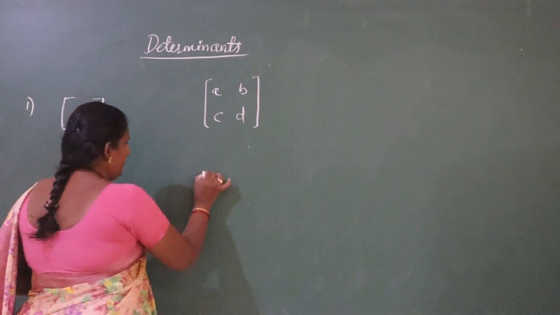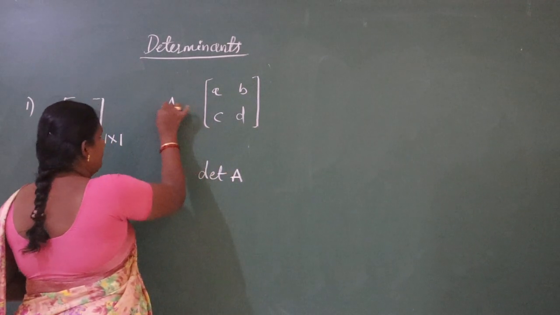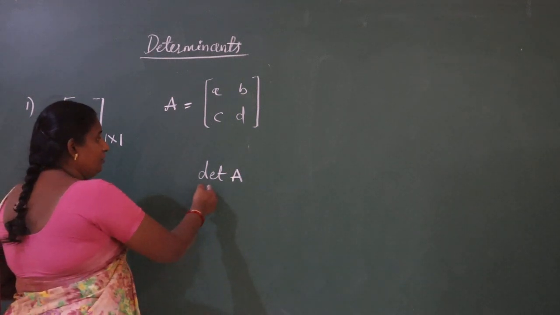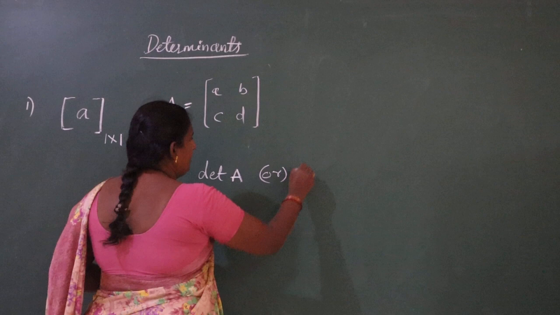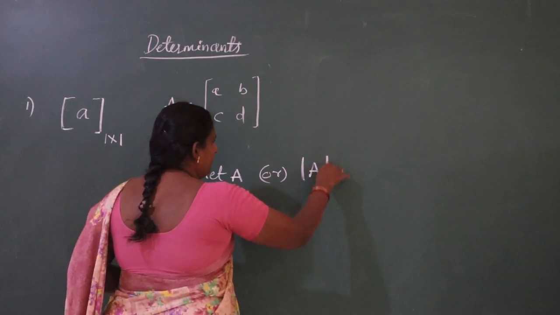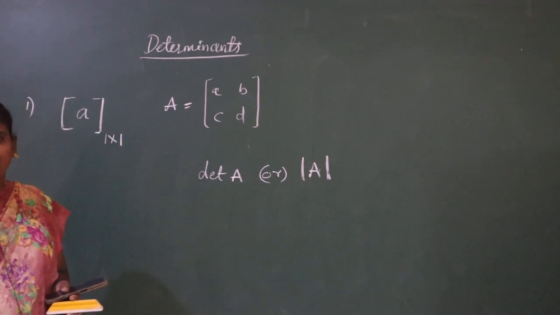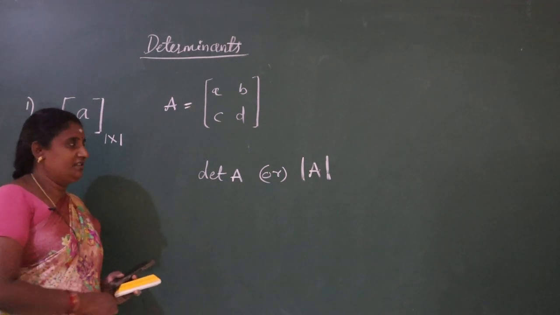So there are two ways we can write it. Suppose you have a matrix A. The determinant of that matrix is denoted by det A, or we can write it with vertical bars also. Don't call it a modulus, it's not a modulus; we call it the determinant of a matrix.